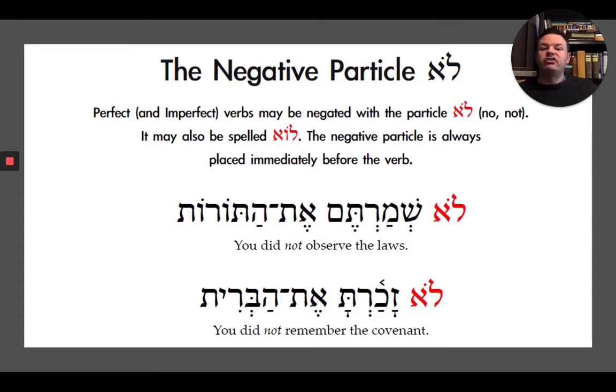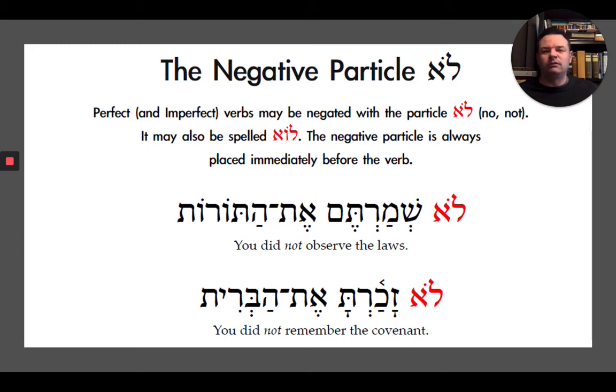So it just turns the phrase negative. So shamartem et hatorot would be you observed the laws, right? But if you stick the lo in front of it, lo shamartem et hatorot, it is you did not observe the laws, or you did not keep the laws.